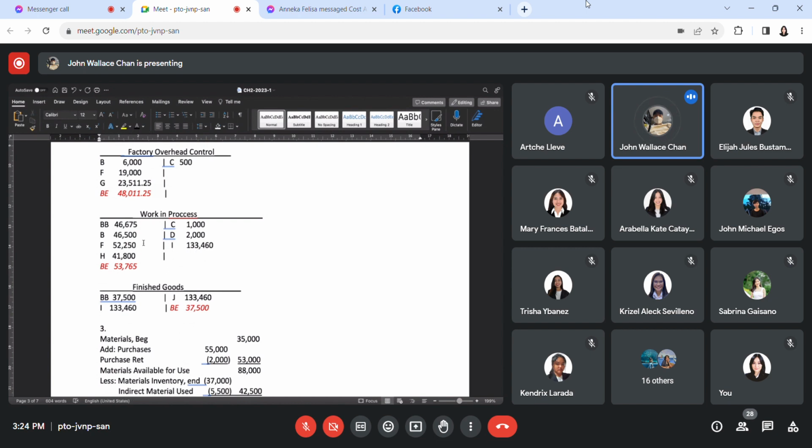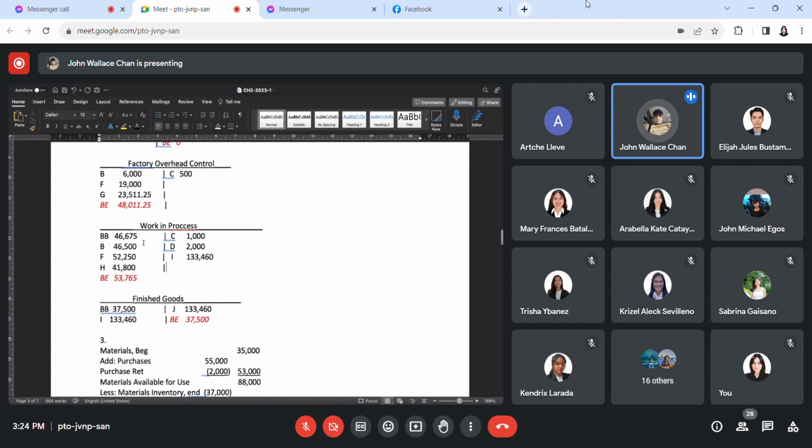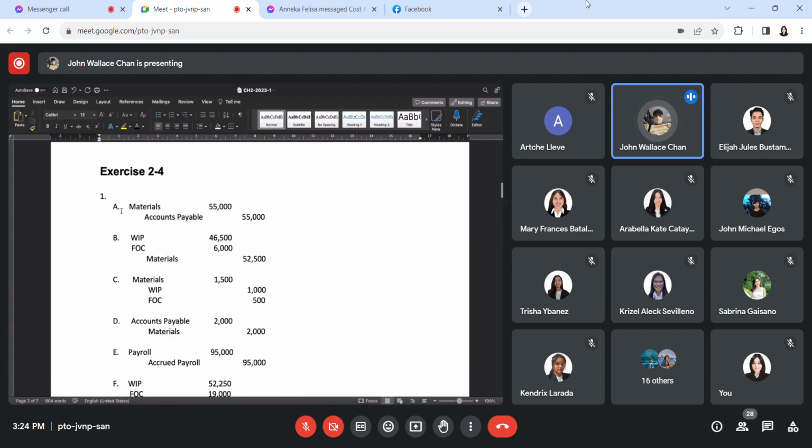And then for WIP, it's basically the same thing. So if we had on April 1, we had a beginning balance of 46,675, and then we just debited, like you can just revisit the journal entries you made earlier.